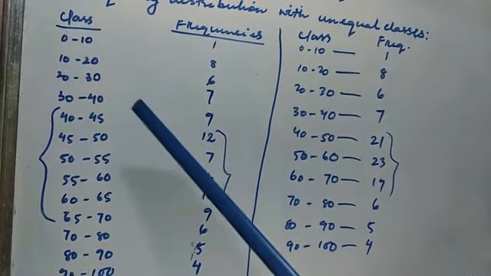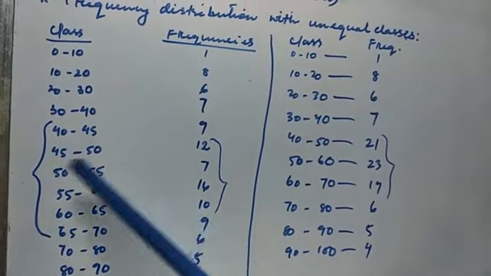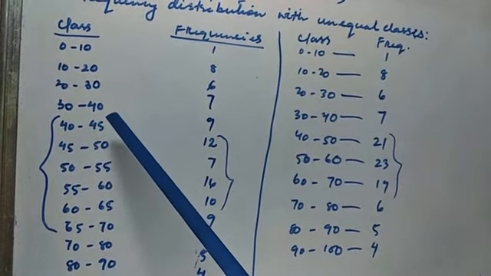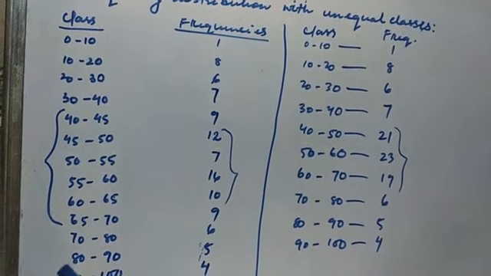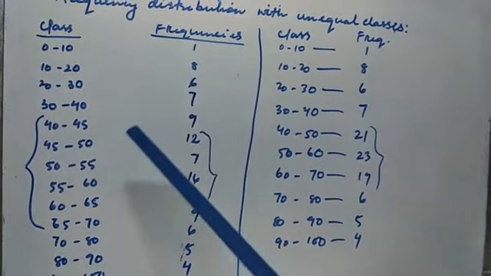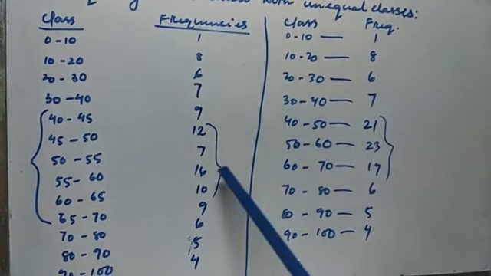While breaking up the classes into unequal classes, we are increasing the number of classes, thereby affecting the frequencies.